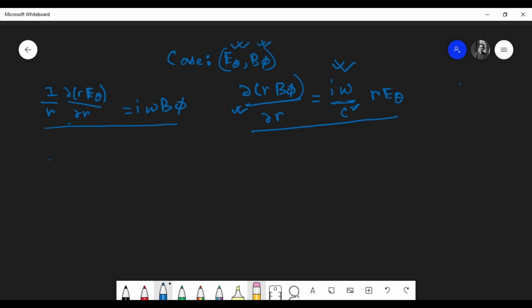So we have already seen the form of E theta, which is something like this: E tilde sine theta equals I omega B phi r sine theta.